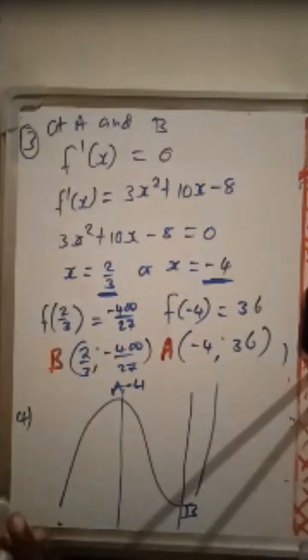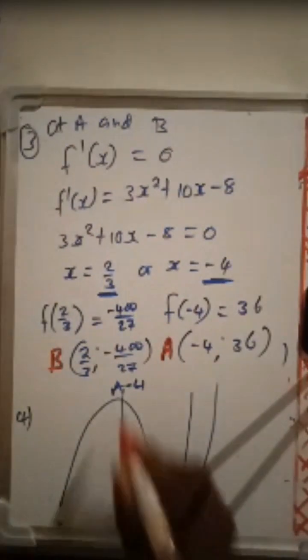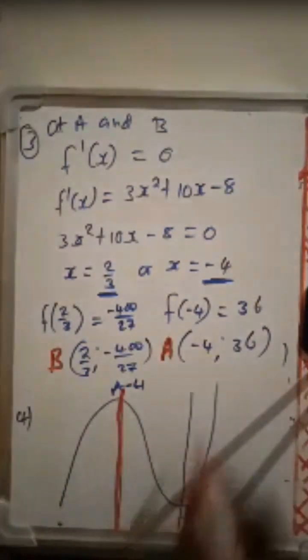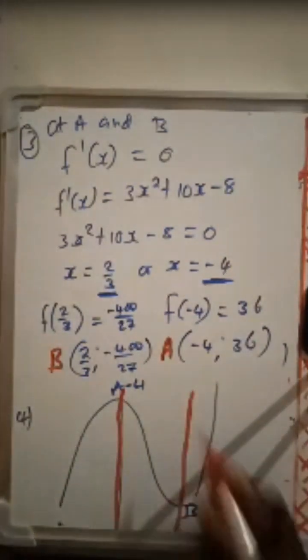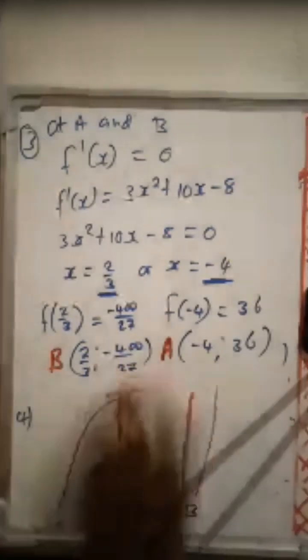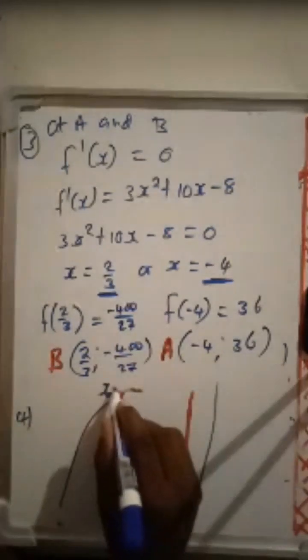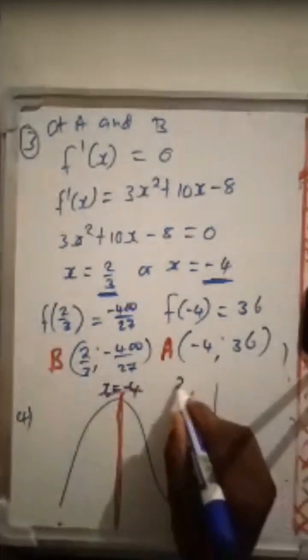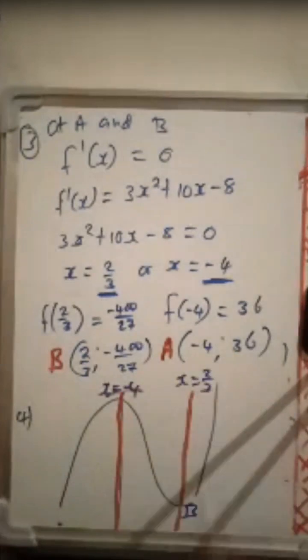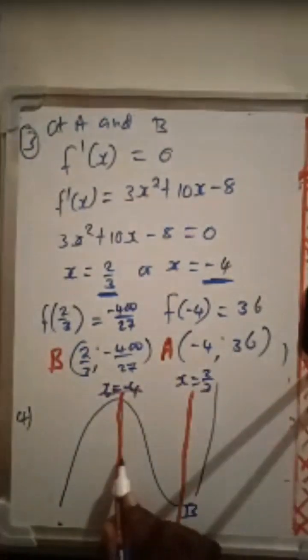I hope you can see there. Can you see? Between here and there. This is x equals negative 4. This is x equals 2 over 3. So it's decreasing between here. How do we present that?